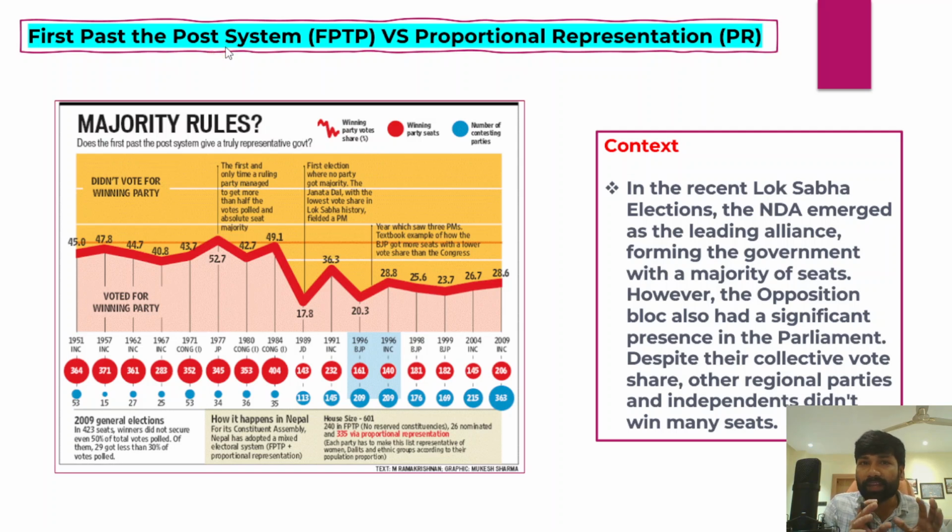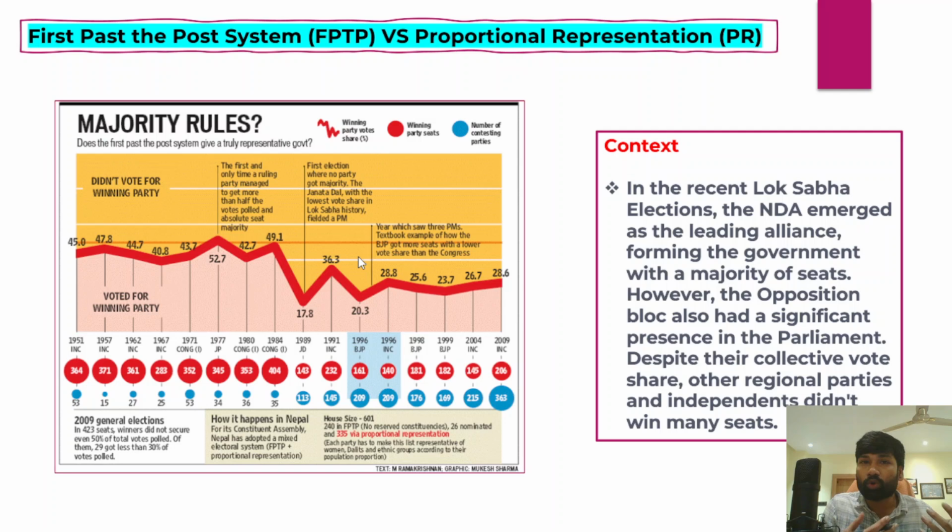But now the main question is, what about the 49% of the voters who voted for another candidate? There is a complete neglect of the concerns and the voice of the 49% of the population whose candidate is declared not elected in this first past the post system.